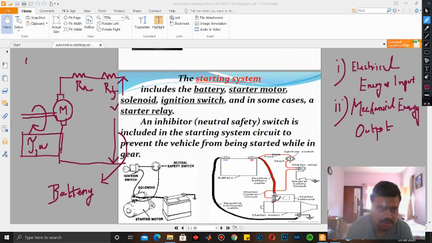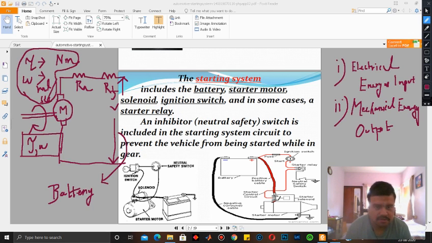The unit of the torque is Newton meter, and the speed omega is given in rad per second. So these are the two parameters which are our point of concern.